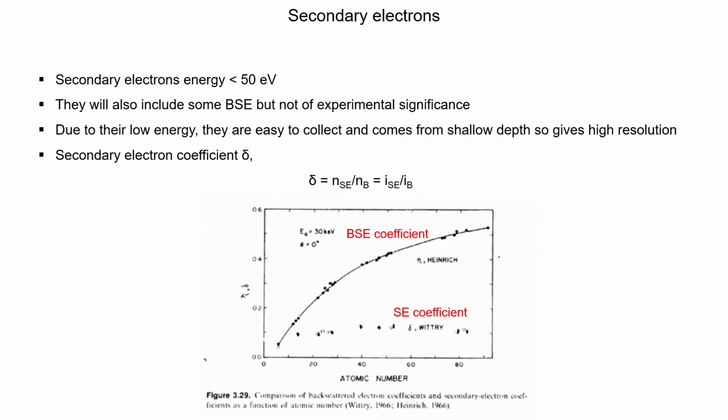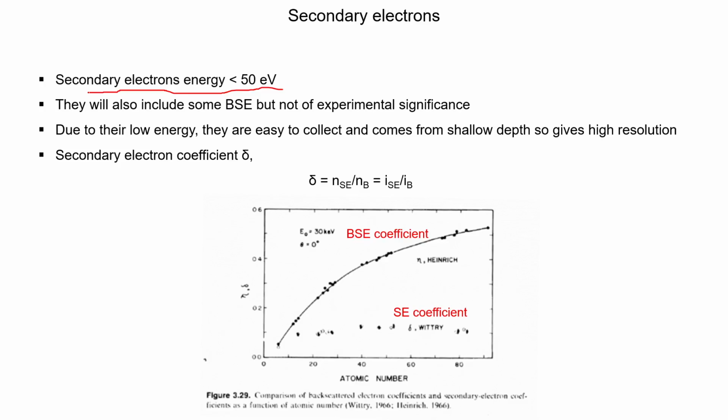Then we'll see something about the secondary electrons. The secondary electrons are the electrons which have an energy less than 50 electron volts. This is a general definition which has been used from the initial time of the SEM. The secondary electron detector will also have some amount of backscattered electrons, but it will not have much significance which can be observed in the image.